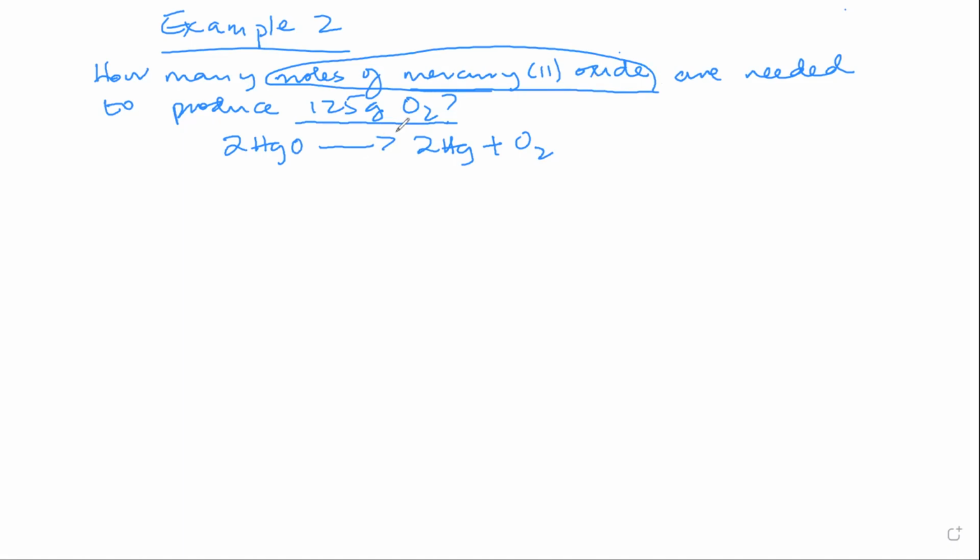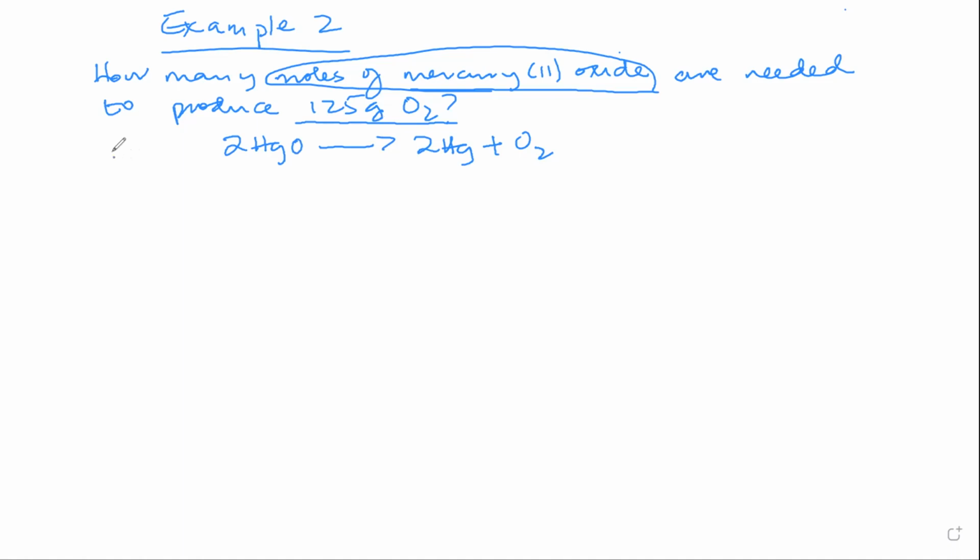Now we are starting with grams. In a stoichiometry problem, you have to go from mole to mole. But because we have grams, we first have to go to moles of oxygen before moles of mercury(II) oxide. How do we go to moles of oxygen?